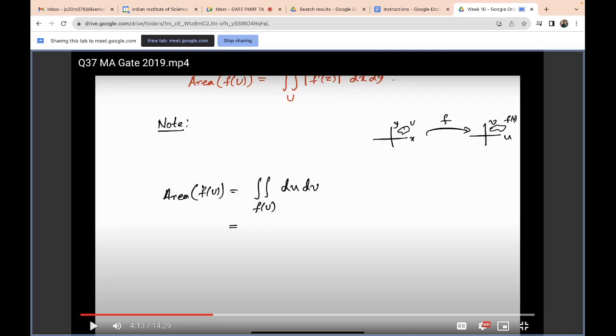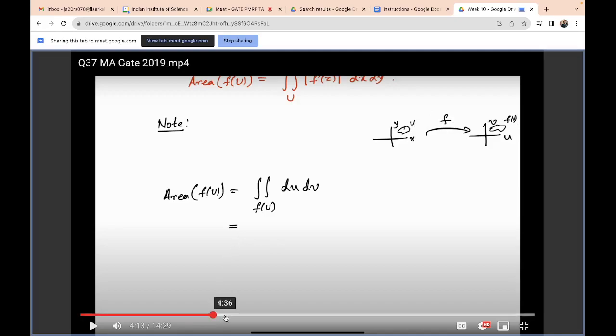So this is just the simple formula for real variables in R2. For any set, here f(U) is the set, the area is the integration over that set. Now you make the change of variable, because you know that f maps this domain U to f(U), so you make the change of variable.